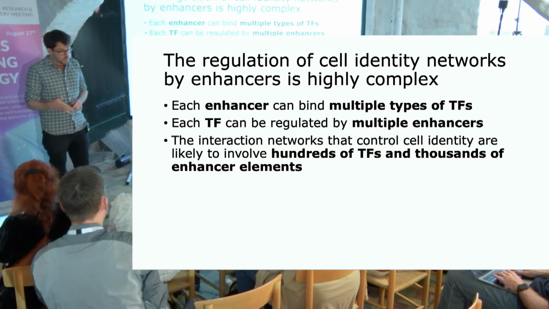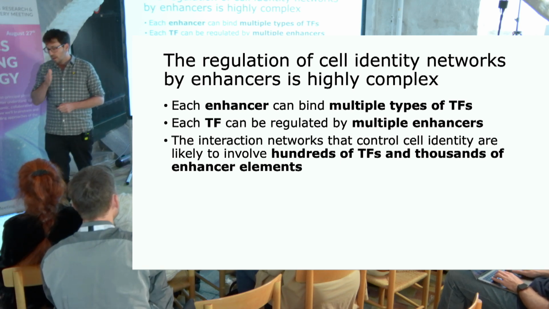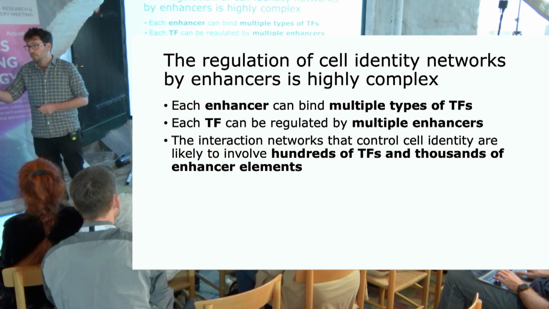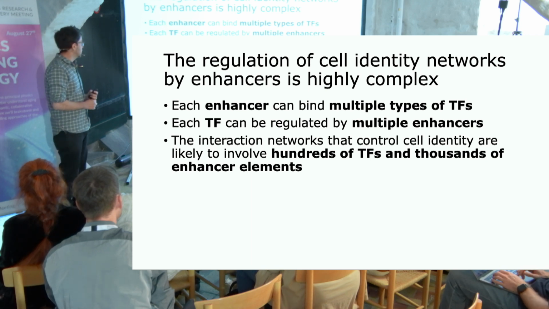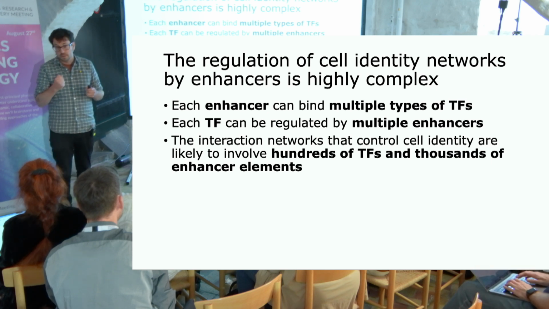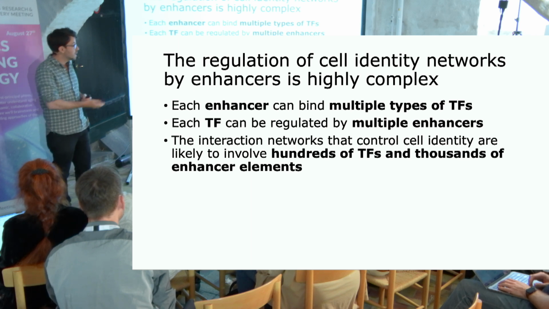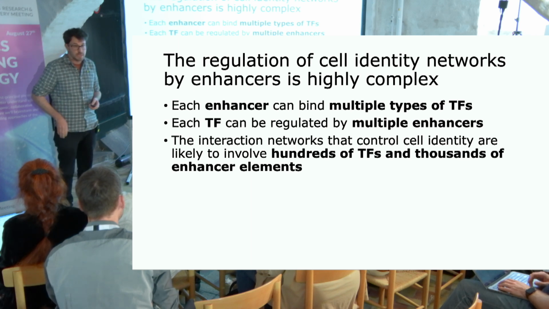So I said each enhancer can bind multiple transcription factors, it can regulate multiple genes, right? And what we know is that the interaction networks that control cell identity tend to involve dozens, even hundreds of transcription factors interacting with potentially thousands of different enhancers.